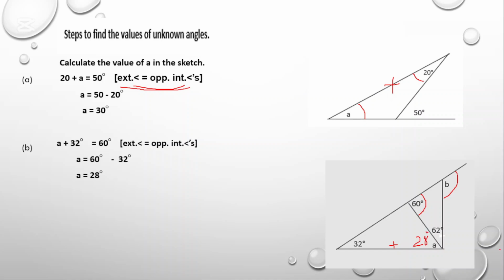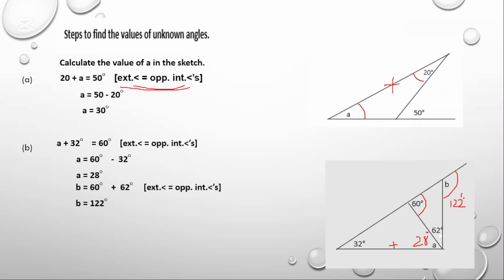Okay, now we continue with B. In this case, B again is the exterior angle of this triangle. So B is equal to the sum of 60 and 62. And here we say B is equal to 60 plus 62 degrees. Exterior angle is equal to the opposite interior angles. And B is equal to 122. So B is over there.